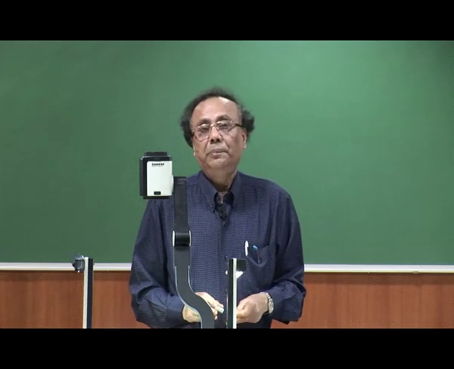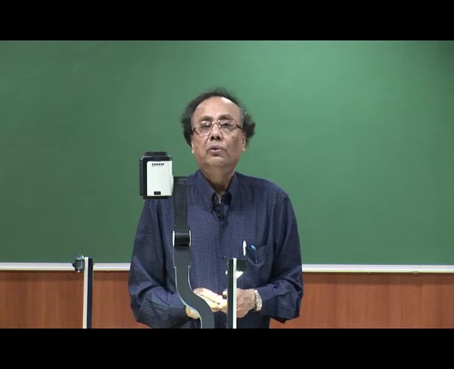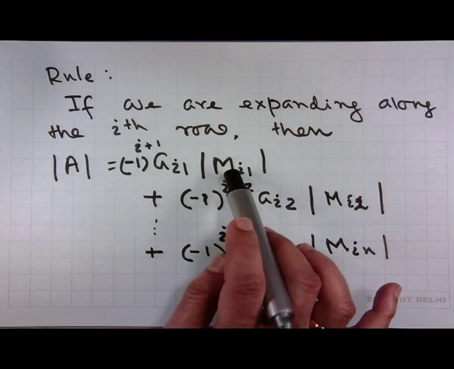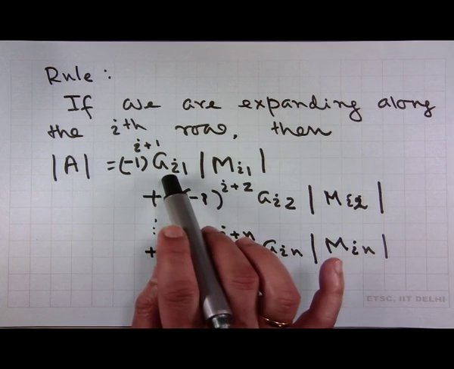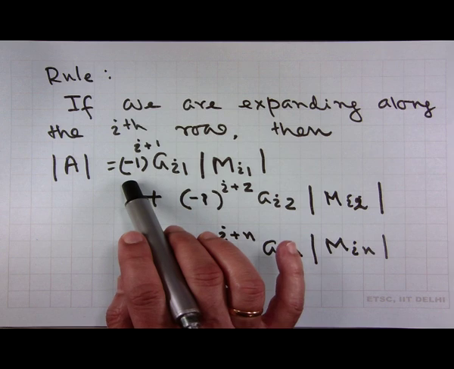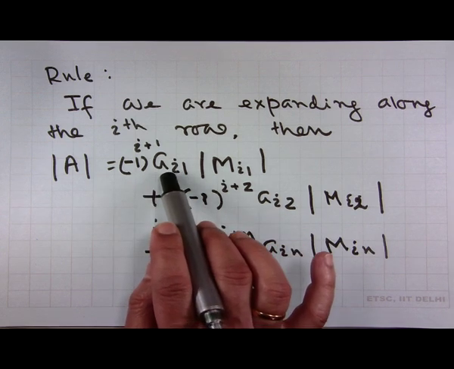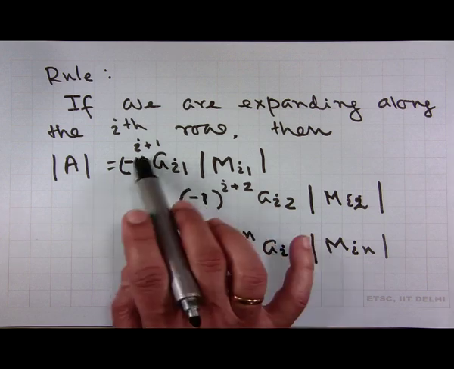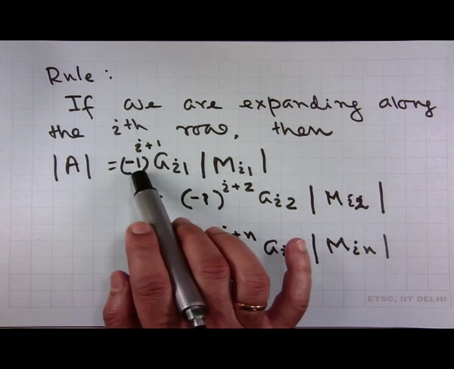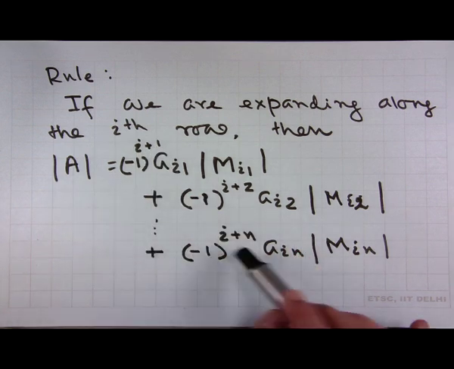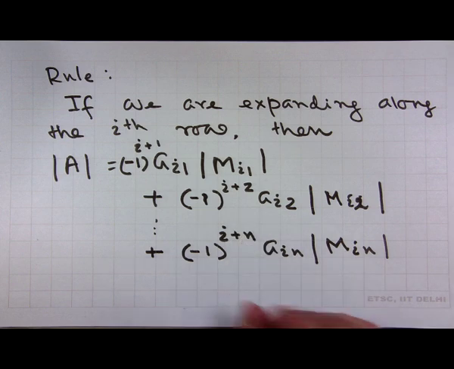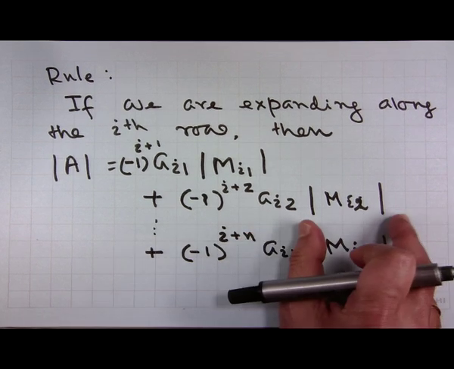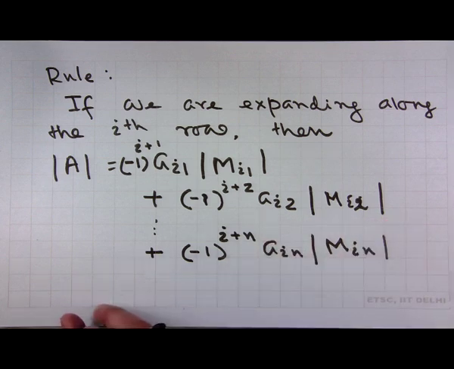At each point, depending upon along which row we are expanding, we have to take the corresponding submatrices and they have to be multiplied by the terms, but the sign will be determined by the row number and the column number of the element on which we are expanding, and it is going to be minus 1 to the power i plus j, which is going to be the sign of the product of Aij multiplied by the determinant Mij.